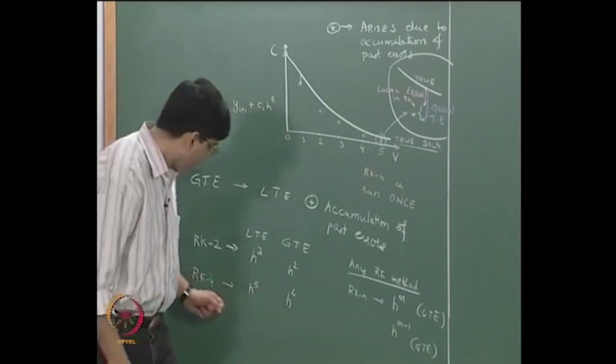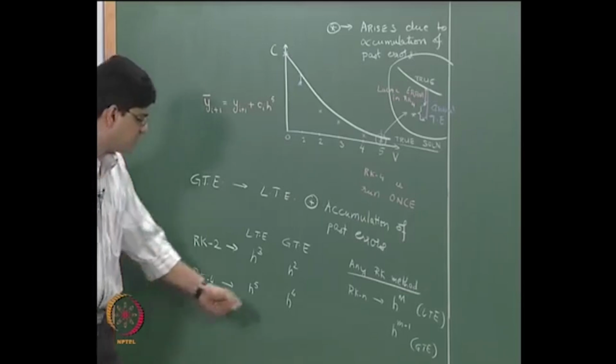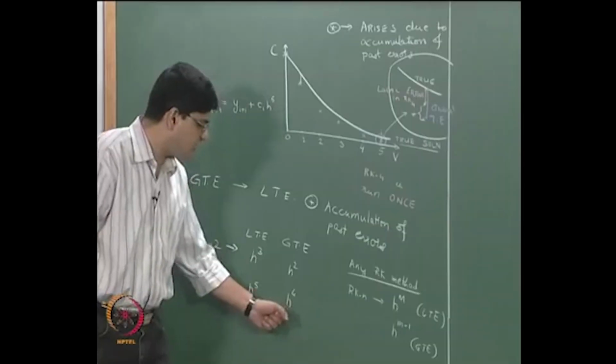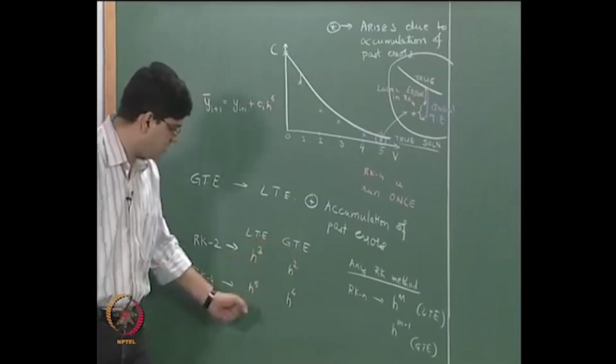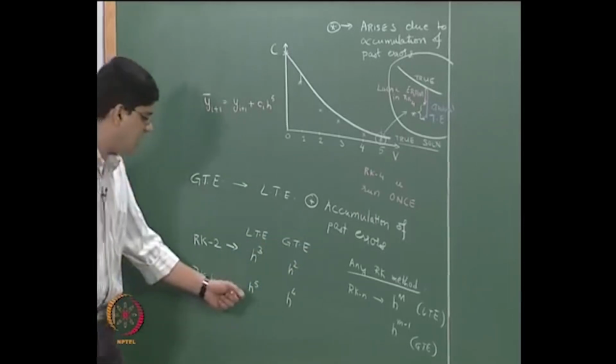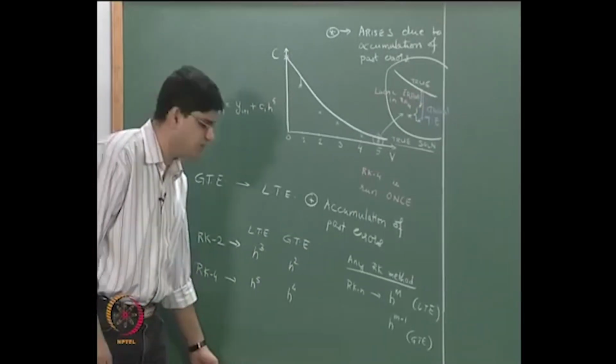Okay. So the fourth order RK method is going to be h to the power 4 accurate in the global sense and not h to the power 5 accurate as we had derived in the previous lectures.